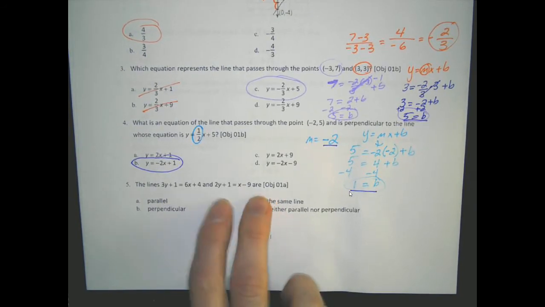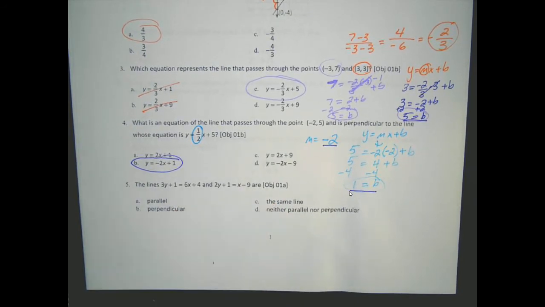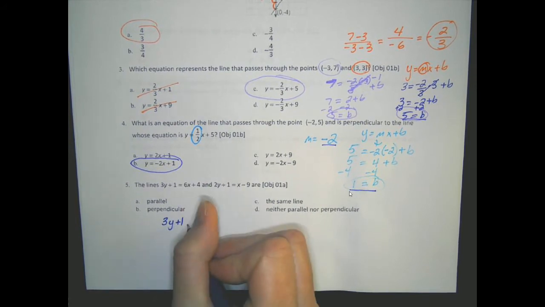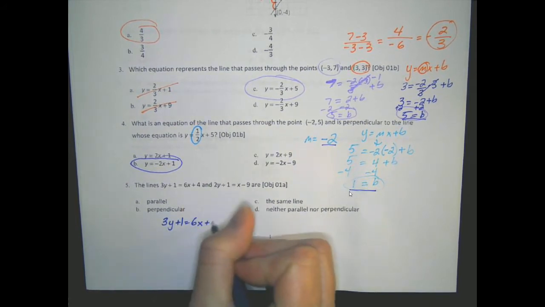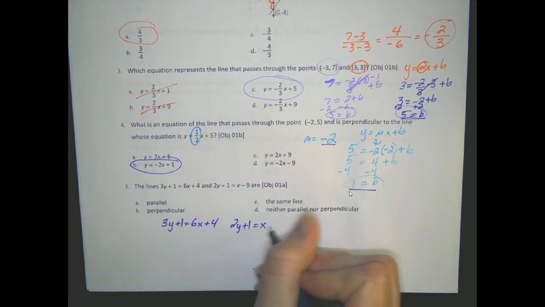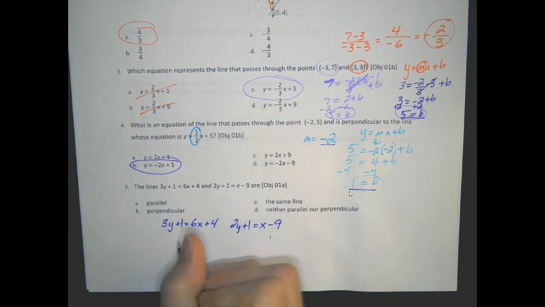For these two, it's asking if they're parallel, perpendicular, the same line, or neither. So what I would do with these ones is I would actually rewrite them in slope-intercept form and go from there.